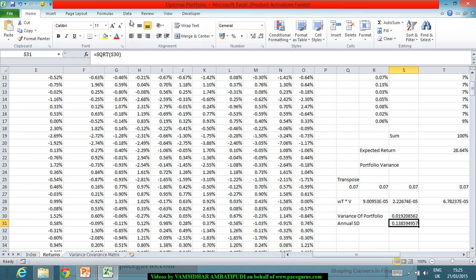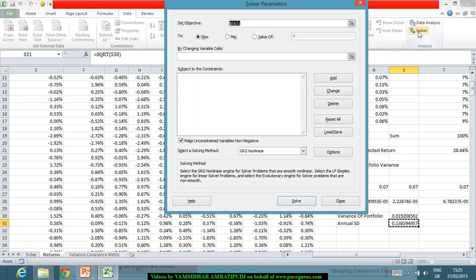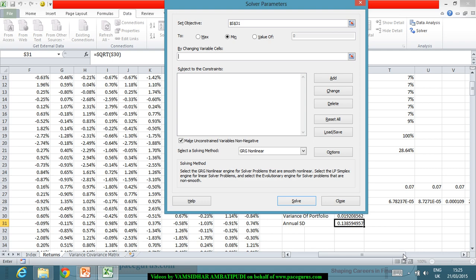So I am setting up the problem in Solver, wherein my objective is to minimize the standard deviation. I'll select the annual standard deviation and say minimize, by changing the values of these cells.